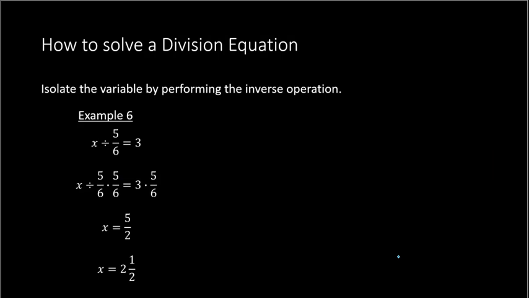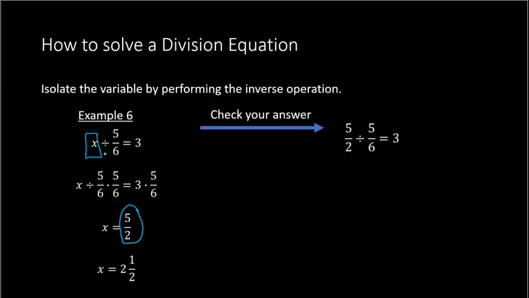And we can check our answer by plugging back in for x. Now, because when you plug in for x back in the equation, we would have to divide by a fraction, I'd recommend when you're plugging in that you actually plug in this improper fraction. So we can write that as 5/2 divided by 5/6 equals 3.